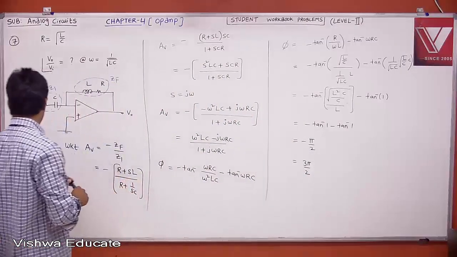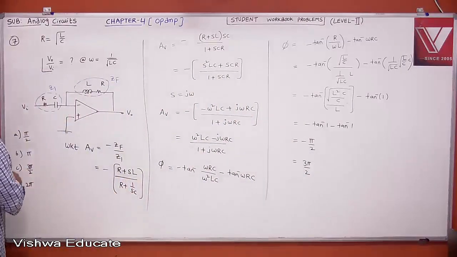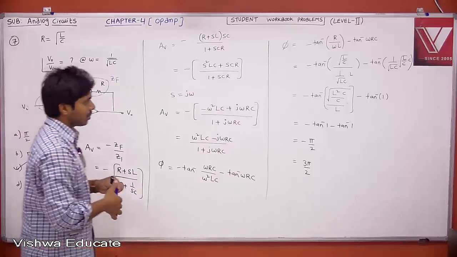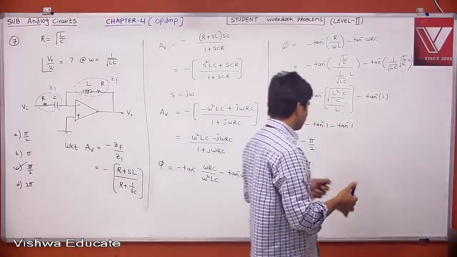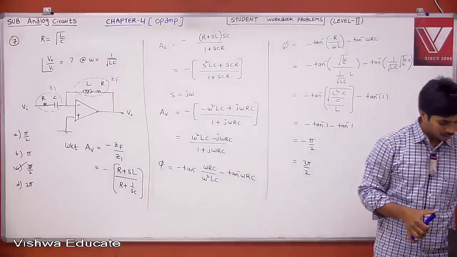Therefore, what is the answer? Answer is C. Whether it is minus 90 degrees or plus 3 pi by 2, both are same. Okay.